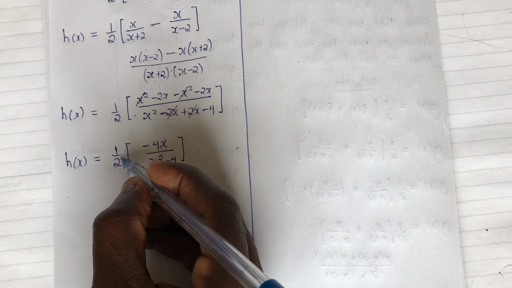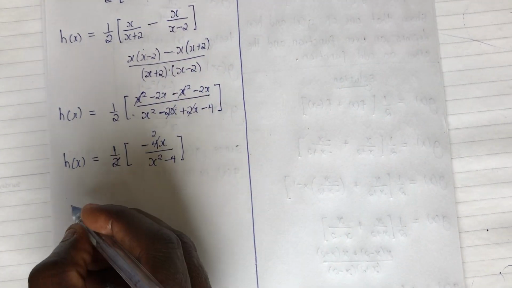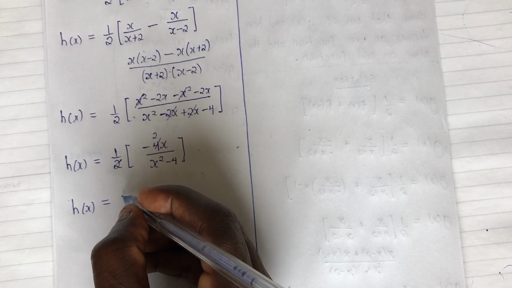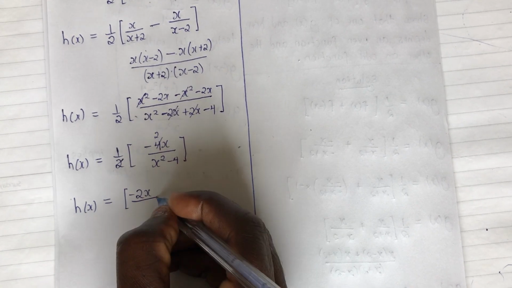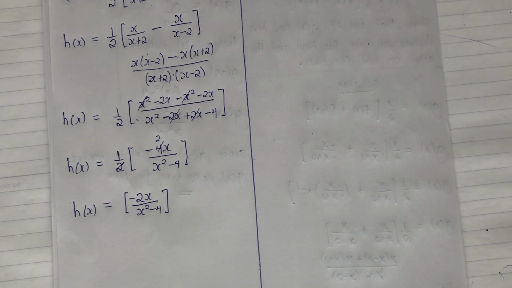So this is what we have. We can now cancel, these 2 can cancel this, we are left with 2 here, so we have h of x equals minus 2x out of x squared minus 4. So this is the result we have.